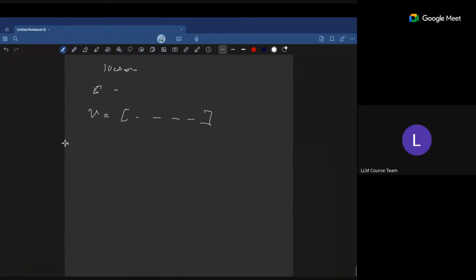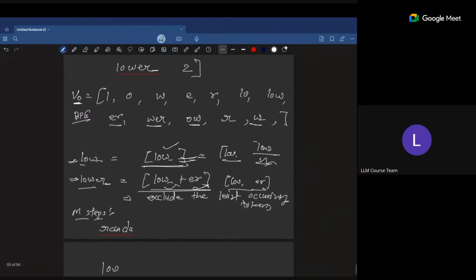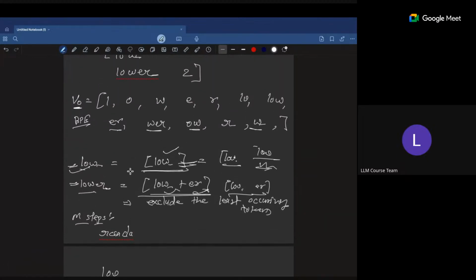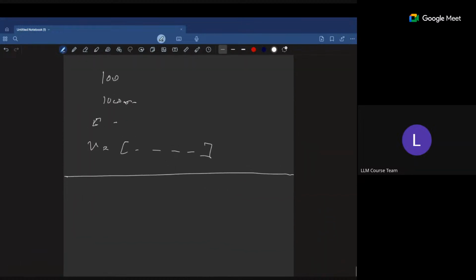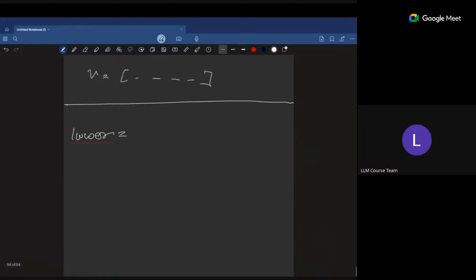Okay, so this is one thing. Now, if I go back here, the E step where I'm saying that for this low, I will find the best split. So look at this step more closely. Let's say low, right, or say lower. I want to look at the best split. Now I have the vocabulary with me, right? So I will look at all the possible splits here.